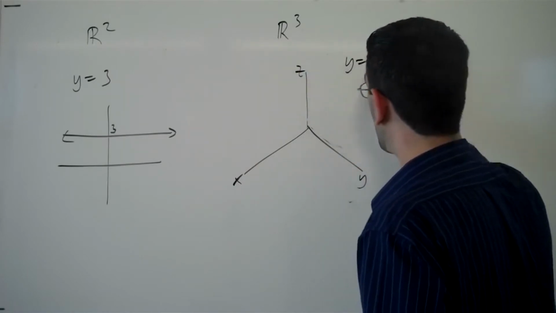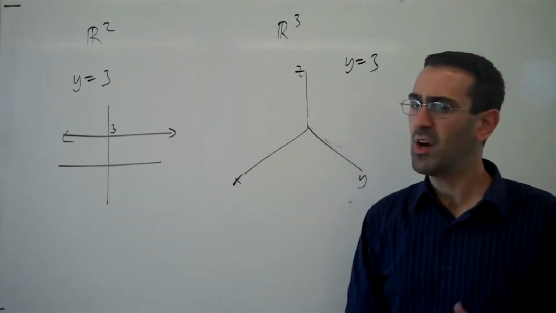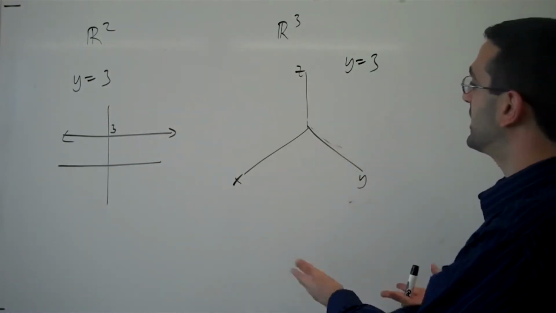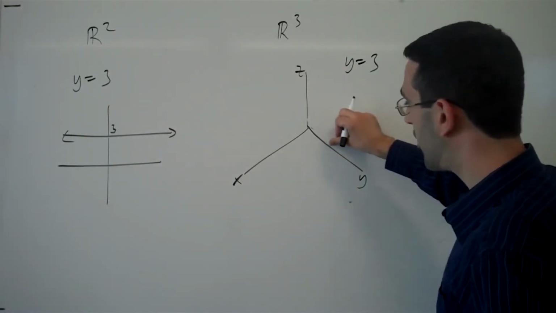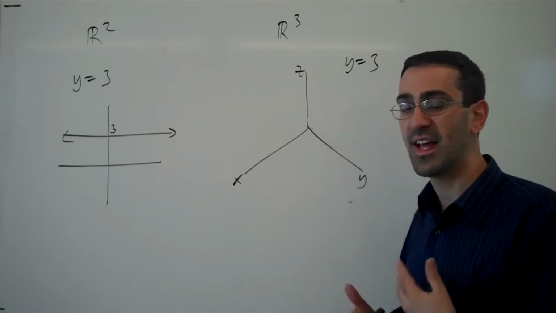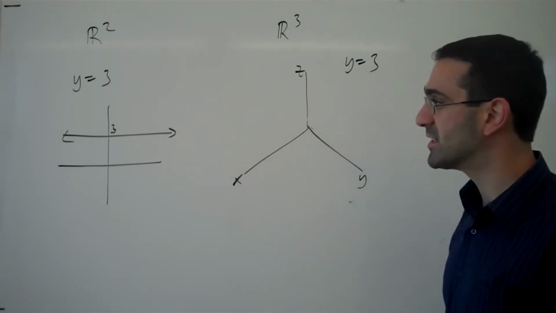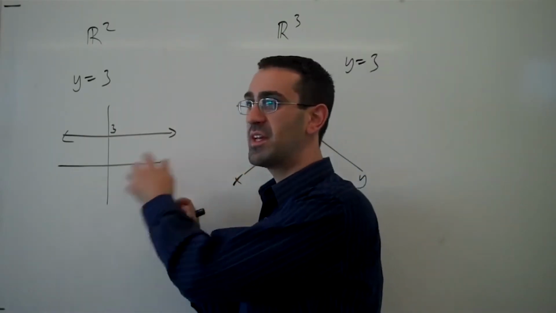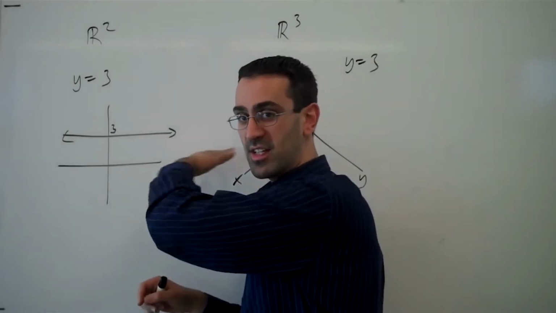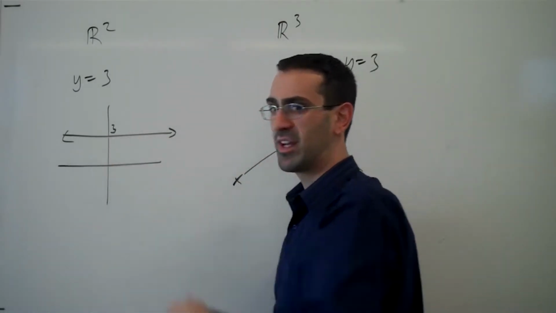y equals 3? So now we're saying y equals 3, what are all the points in space that have a y value of 3? Now over in two-dimensional space, x could vary, keeping y constant, and we get a line.